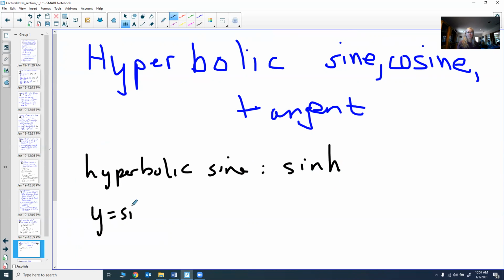Y equals the hyperbolic sine of x. The reason it's called a hyperbolic sine is that sine, cosine, and tangent are defined on a circle. The hyperbolic sine, cosine, and tangent are defined on the positive part of a hyperbola. So that's where this comes from and why it's called a hyperbolic sine. It happens to be equal to e to the x minus e to the negative x over 2.